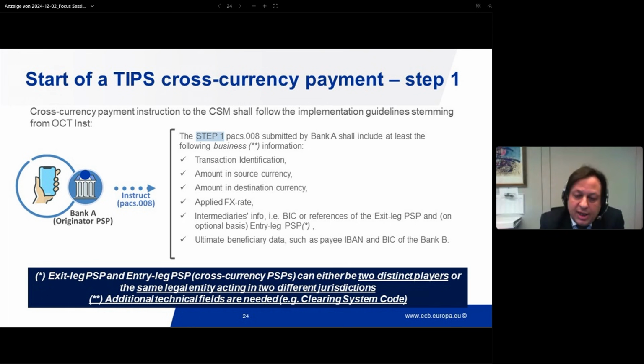Because according to the implementation guidelines that we used as a reference, we built a superset of XSDs, including both directions, either outbound from one currency to the other, and also inbound direction for the destination currency who is receiving the cross-currency payment. So for this reason, the clearing system code is in a way driving the system to take the appropriate decision when a cross-currency payment lands on the system.